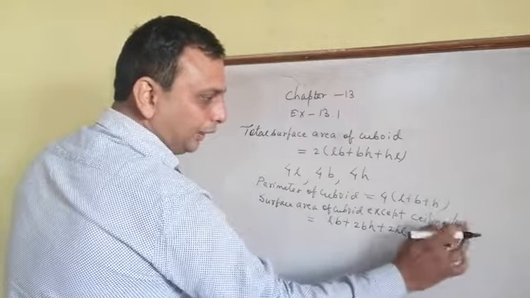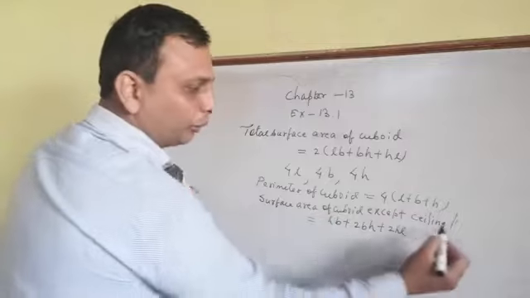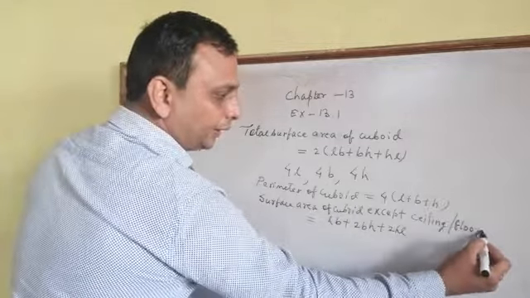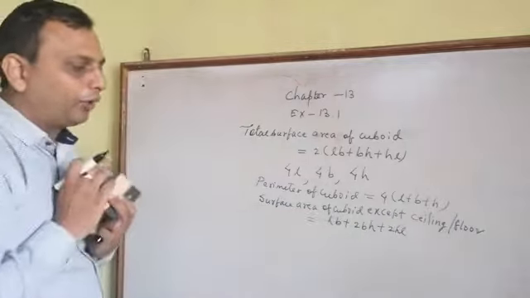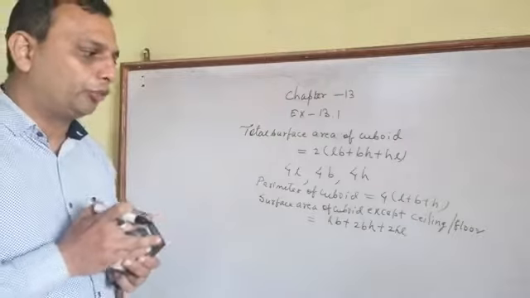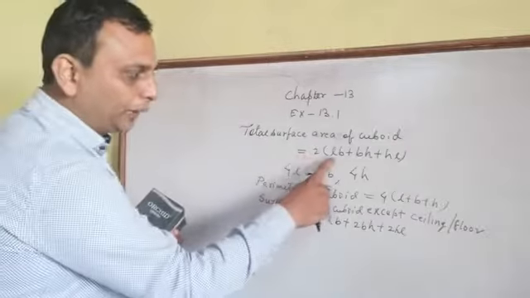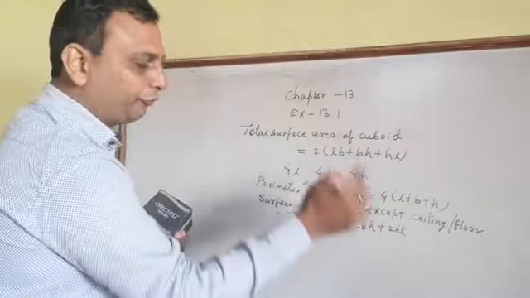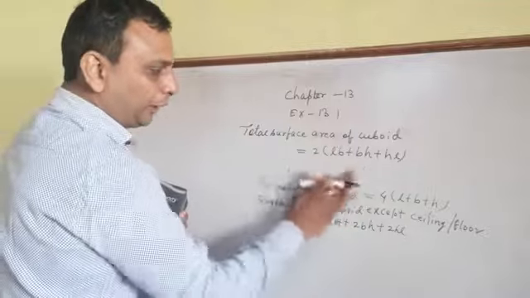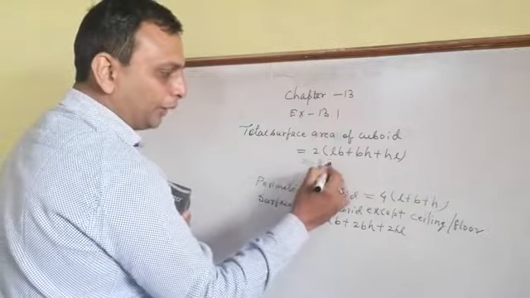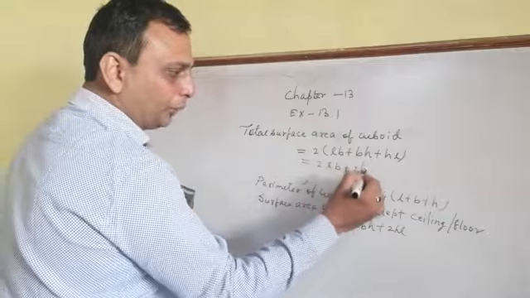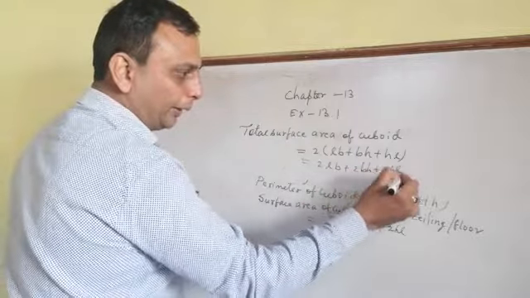Either if we include the ceiling, or if we are not using the floor, this will be the formula to find the surface area occupied except ceiling or floor. Here there is 2 times length width, 2 times BH, 2 times HL.